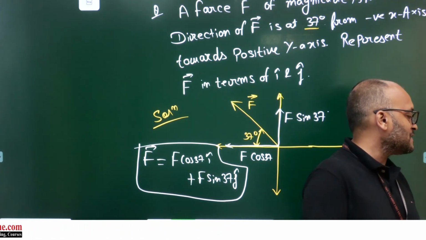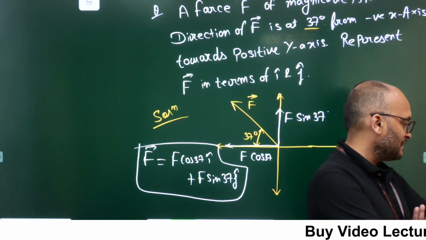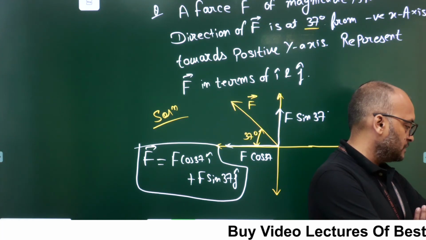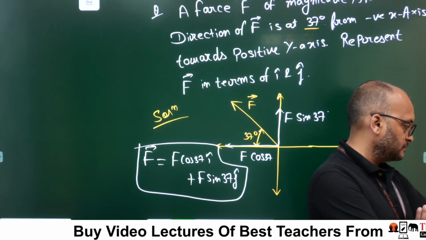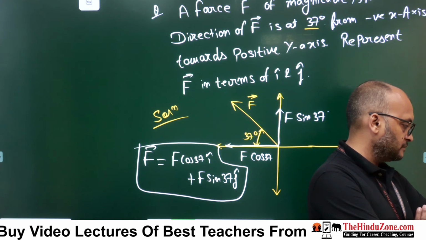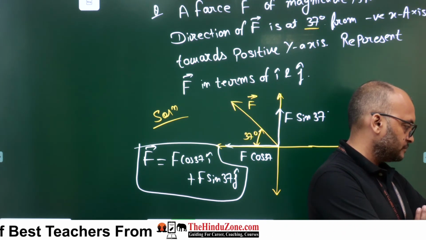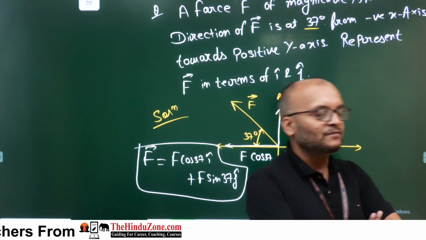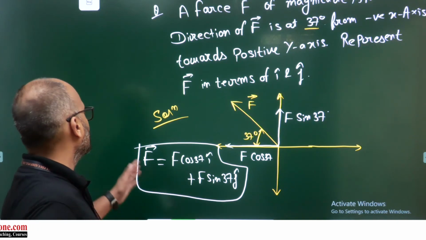Shanmuga, how do you know cos 37 is equal to 4 upon 5? Sir, in a triangle we'll be having both the angles, so 37 and also 53. So like that I have taken, sir. Sin 53 is also 4 by 5. Okay, very good.